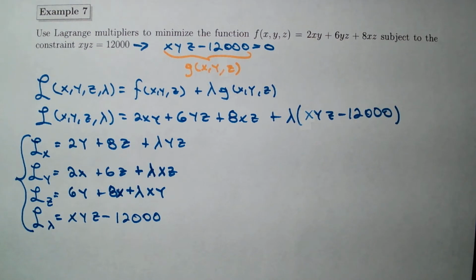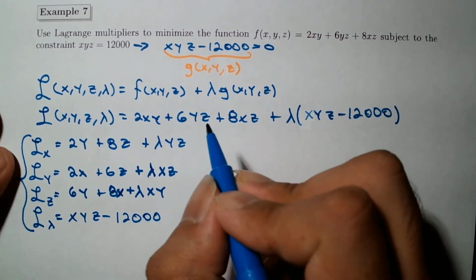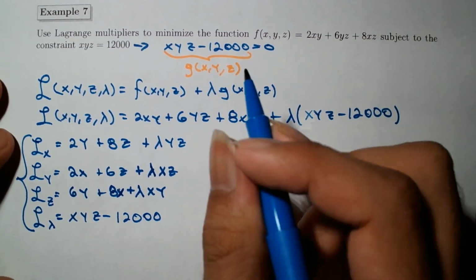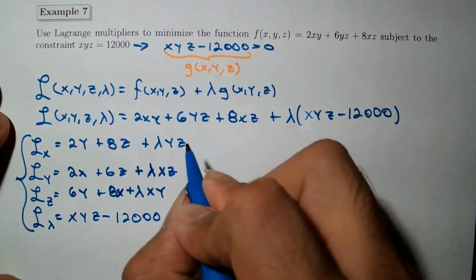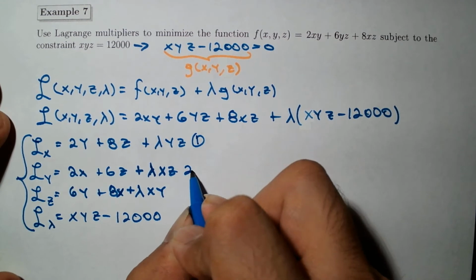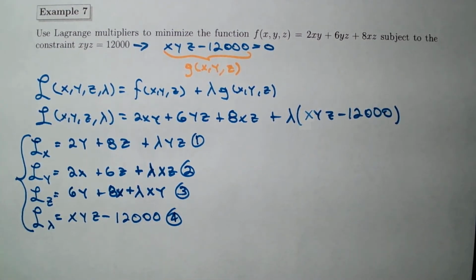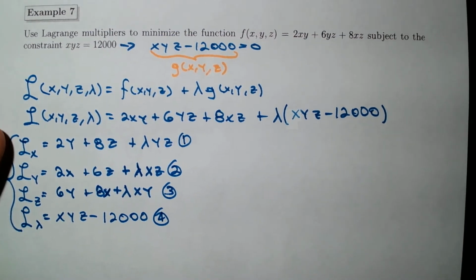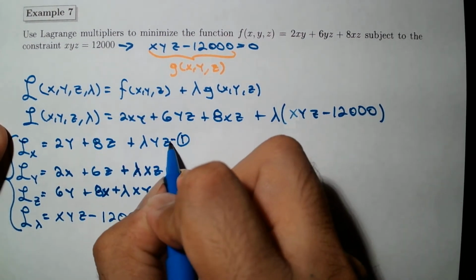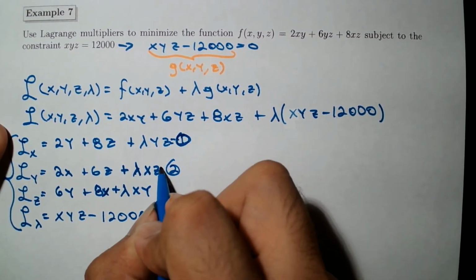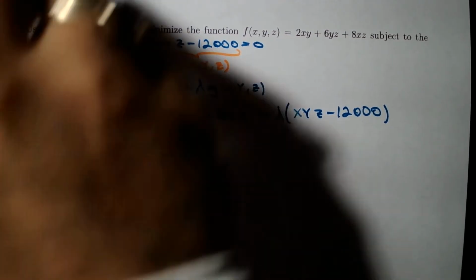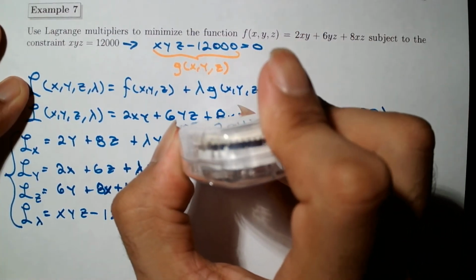This is what we're going to do. First of all, I'm going to write equations 1, 2, and 3 in a different form. By the way, this is equal to 0, equal to 0.